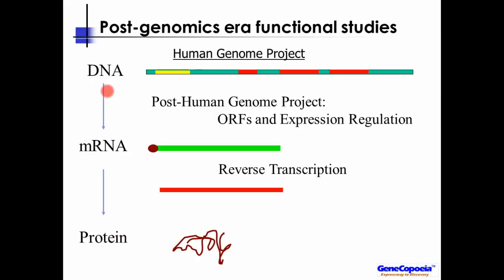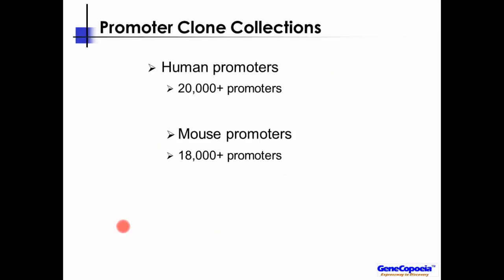And of course, not to trivialize this, but determining the sequence was the easy part. The functional studies and transcription studies are much more challenging. So in light of this, one way in which we've addressed this is to come up with a large catalog, of course, of human and mouse ORFs, and by extension, human and mouse promoters.